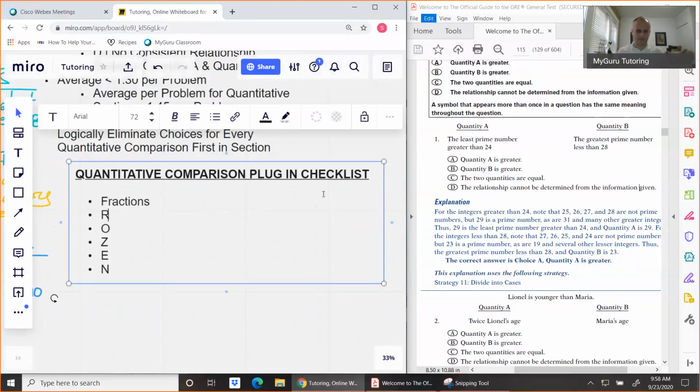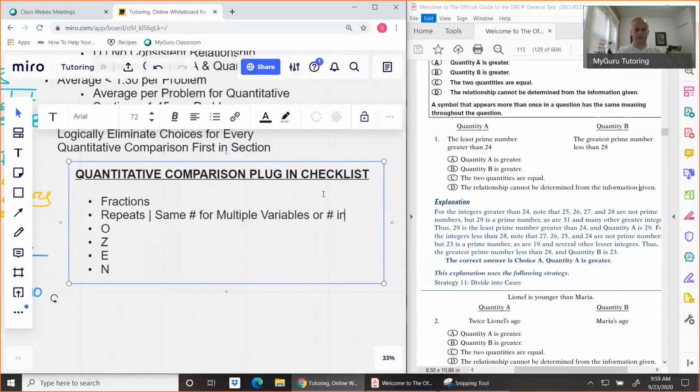Yes, your very young toddler niece, the parents may be saying, she's 2 1/8 years old, but that's probably not how the GRE is going to structure it. So not really relevant to this problem, but certainly relevant to others, is to think about, could we use a non-integer or a fraction?